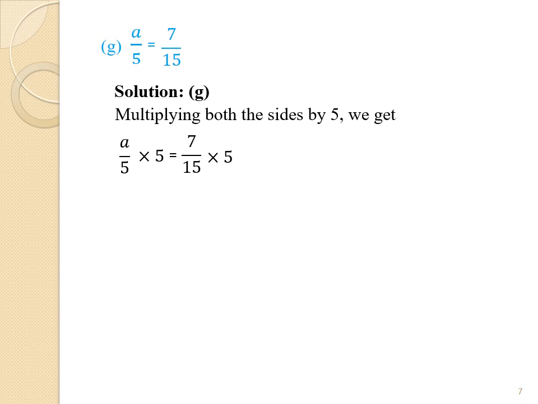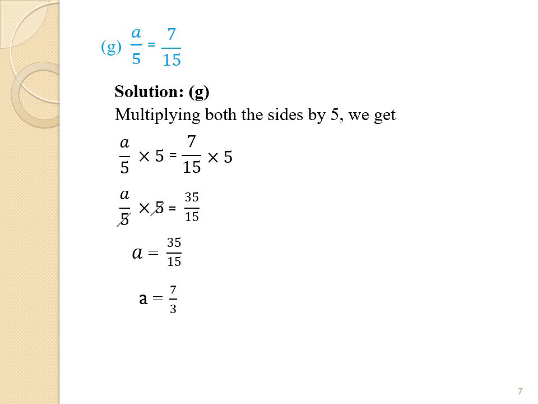By cutting common 5 and multiplying 7 by 5 and keeping the denominator 15 same, we get 35 upon 15. Now, reducing 35 upon 15 in the lowest form, we get A equals to 7 upon 3.